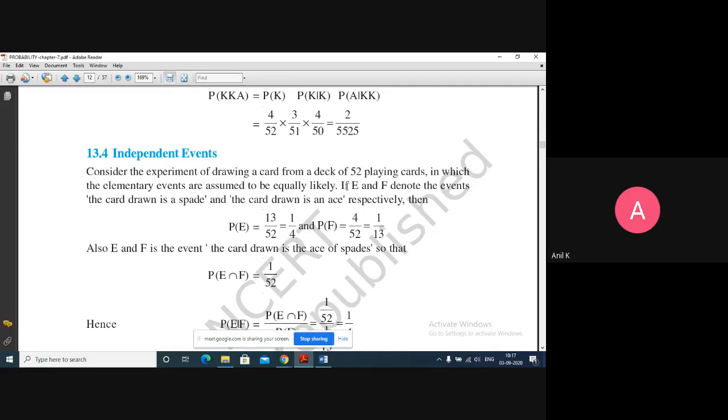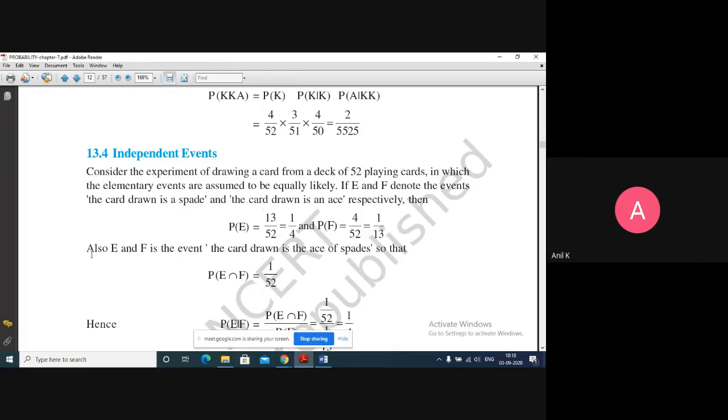Let E and F denote the events that the card drawn is a spade and the card drawn is an ace, respectively. First event E is drawing the spade. There are 13 spades, so the probability of happening E is 13 upon 52, which is 1 by 4. Now the probability of drawing an ace: we have 4 ace cards upon 52, which is 1 by 13.